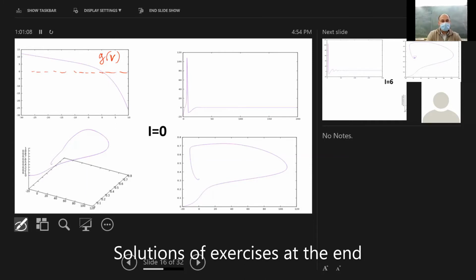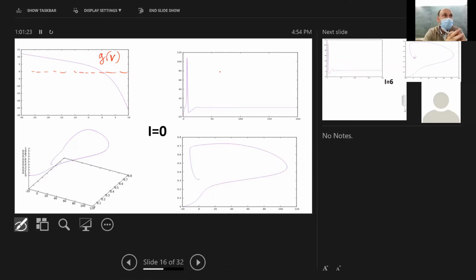All right. Next, here, what I did. So next, it's important. I'm going to tell you. You pick up some initial conditions for the Hodgkin-Huxley equation.